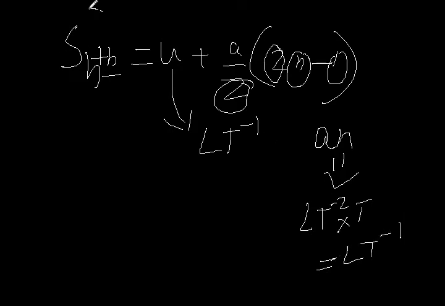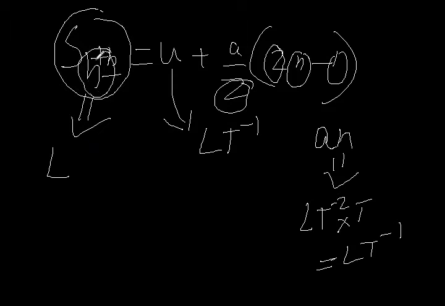So if I now come to the left hand side of the equation, I can see it is S nth, mind you. So it is simply not L. There is a time involved here. So it shows the distance traveled by the particle during this time. So this should have a dimension of velocity, not simply that of length. So this equation is dimensionally correct as far as this particular quantity has a dimension of velocity.